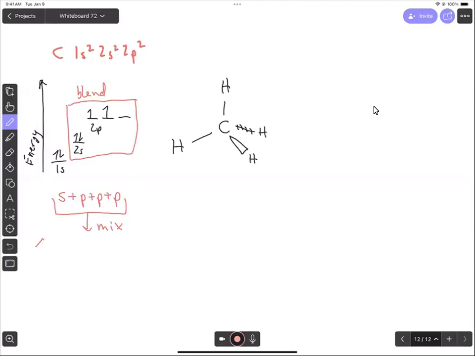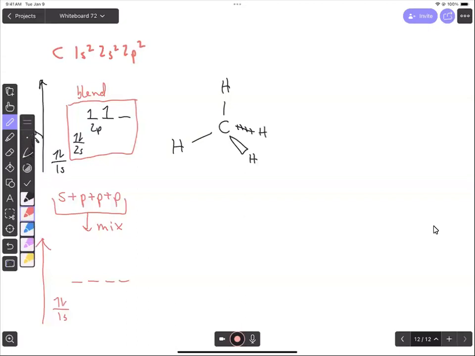And now if we look at the electron configuration of carbon, here's our 1s orbital. Now I'm going to have 1, 2, 3, 4 orbitals. Here's my 2 electrons that were in the 1s orbital. Those are still there. But now I have the same 4 electrons.